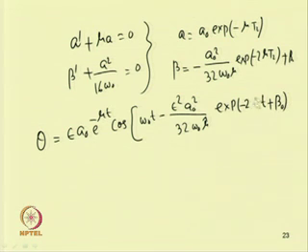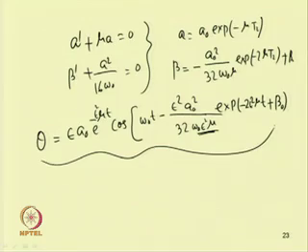Here mu is the original damping epsilon square mu, so this is equal to minus 2 epsilon square mu t plus beta 0. So, theta equals epsilon a 0 e to the power minus epsilon square mu t cos omega 0 t minus epsilon square a 0 square by 32 omega 0 mu e to the power minus 2 epsilon square mu t plus beta 0. In this way one can find the solution of the equation by using this approximate solution.